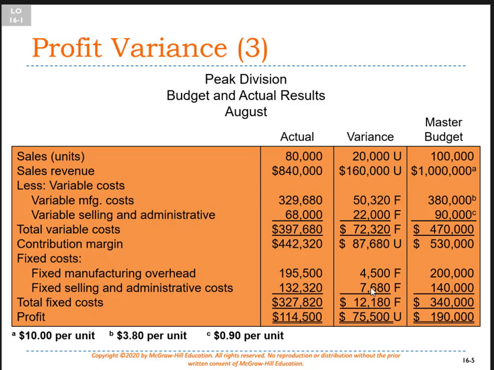The manufacturing supervisor has nothing to say in the unit sales. The fact that we sold 20,000 less than our plan is not their responsibility. So they should not be evaluated on the overall manufacturing cost compared to the master budget, but rather compared to what it should have been to make 80,000 units.